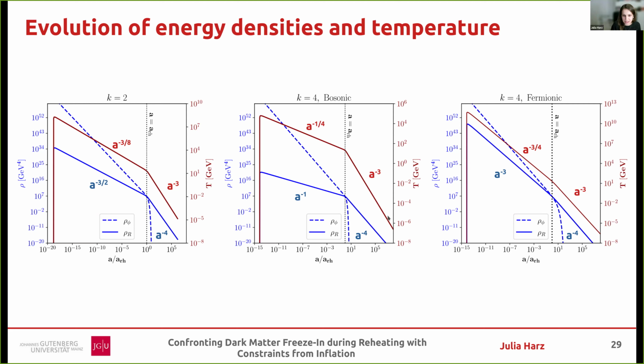Here, for instance, it's steeper than in this case. In the bosonic case it scales with a to the minus 1, here with a to the minus 3. And in case you're more interested in the evolution of the temperature, you see in red the evolution of the temperature with respect to the scale factor.